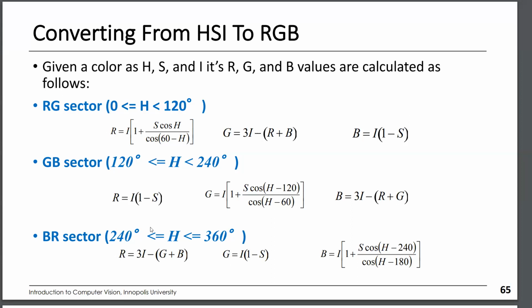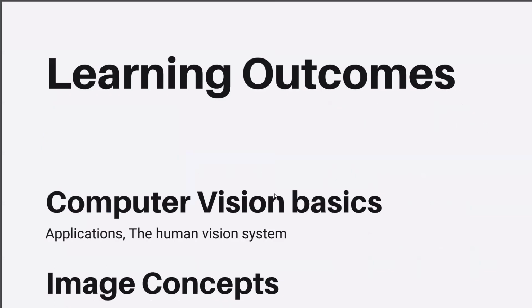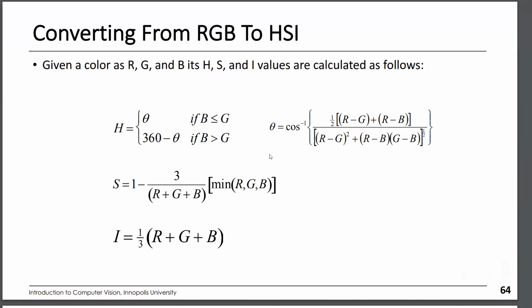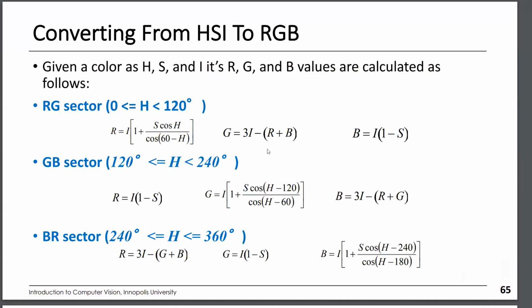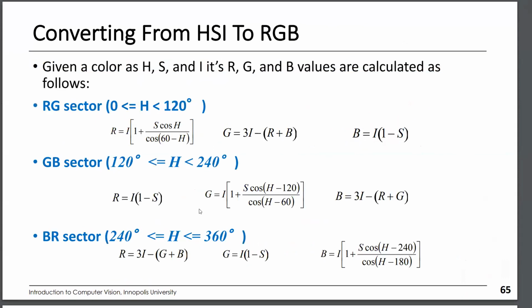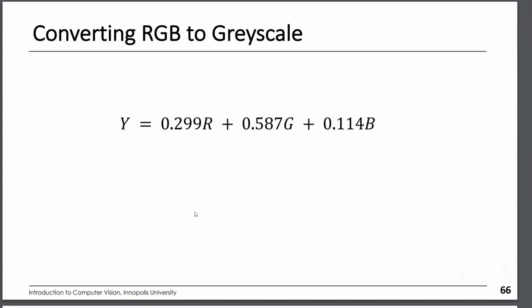These are the 3 different sets of formulas that you can use depending on the value of H. As you can see here, H has different values for different conditions, and mapping it back requires a couple of conditions. But again, it's very simple, something that you can easily program in NumPy in a couple of minutes.